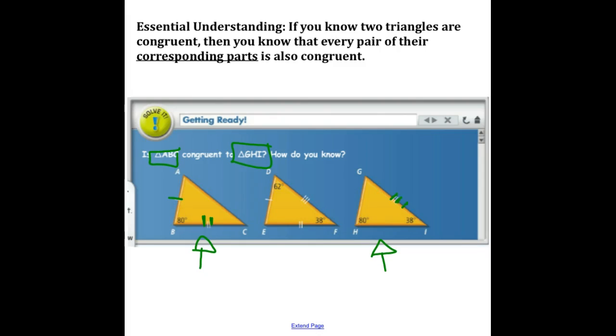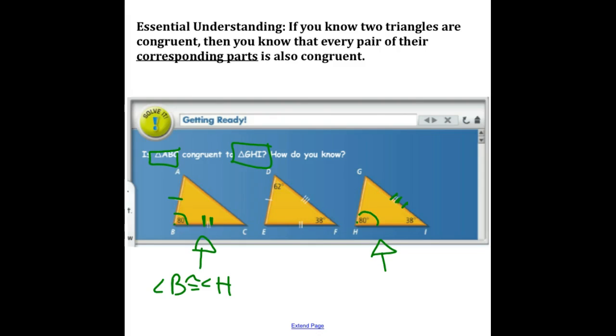So none of the sides line up right now. Then I looked at their angles. I see angle B is 80 degrees and angle H is 80 degrees. That is good. Angle B is congruent to angle H. That's all I saw that these two have in common, and since they both have 80 degrees, I would put a congruent marker on both of those.